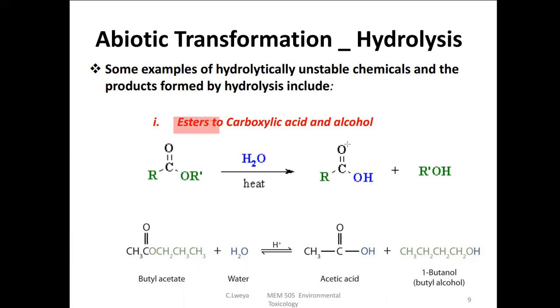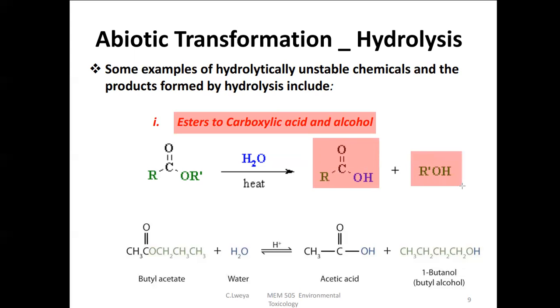So an ester is the first example that we've looked at. Sorry, not esterification, that is the method of producing esters, but hydrolysis is the opposite of esterification, where the ester is broken down into two important compounds, the carboxylic acid as well as the alcohol. So this is the carboxylic acid, and this is the alcohol.